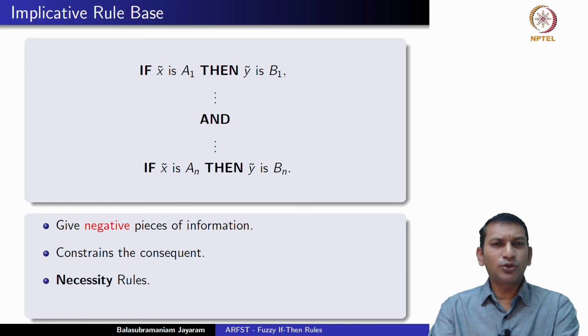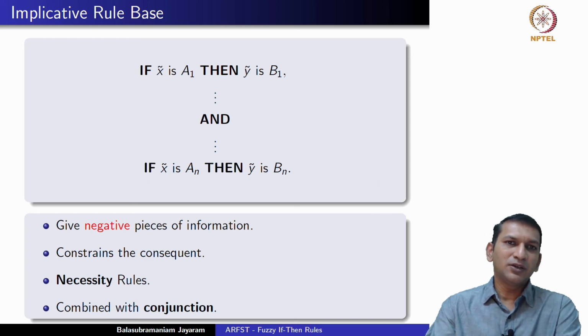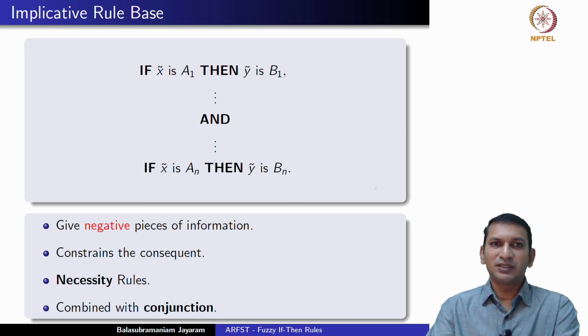In that sense, you could call these necessity rules. If this happens, then this is necessary. Finally, since each piece of knowledge is a constraint, we expect that if all these pieces of knowledge are given, then all of them are satisfied, and hence we combine them using a conjunction.